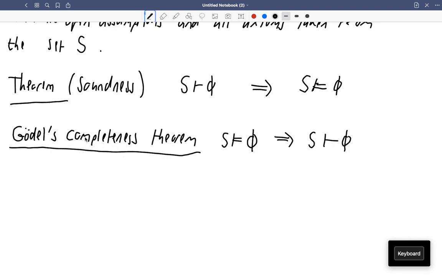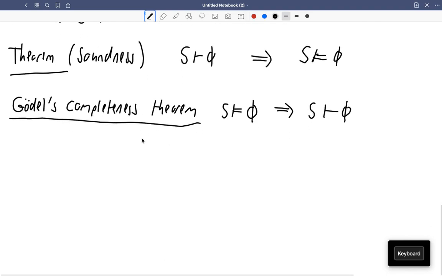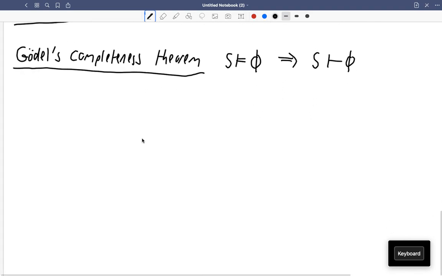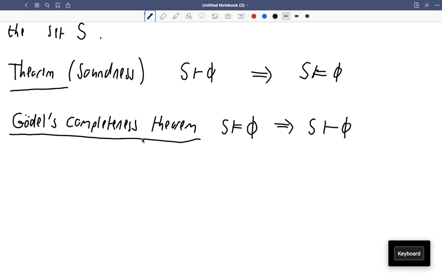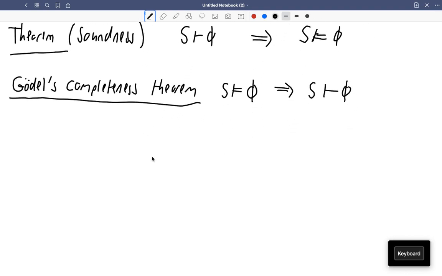This was his PhD dissertation topic, his completeness theorem. It's a very nice result. The proof is beyond the scope of this course, so I won't even talk about it. Maybe the textbook has a few words about it, but does not go into much detail. But still, soundness and completeness are very nice results to have.